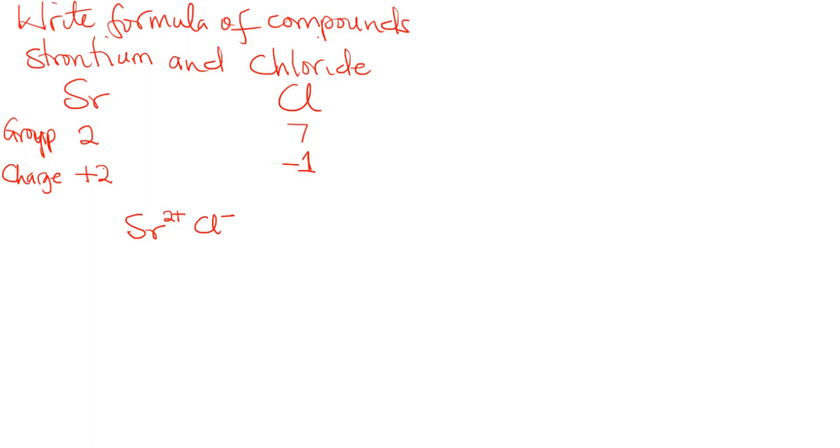Now, to write a compound, I need to cross the charges. The 1 from the chloride goes down to strontium, and the 2 goes down to the chloride ion.